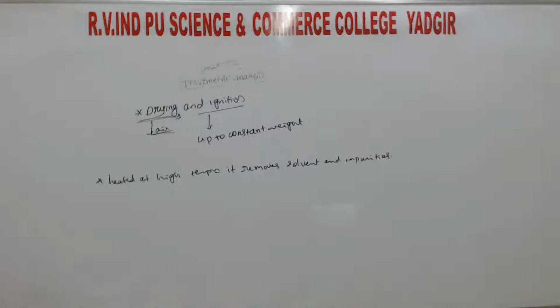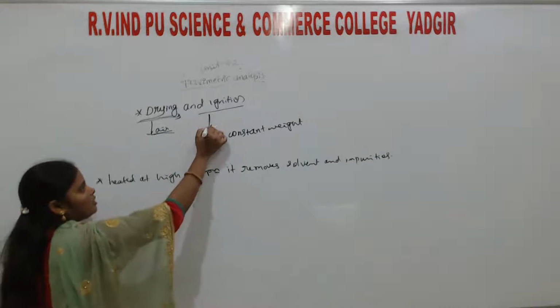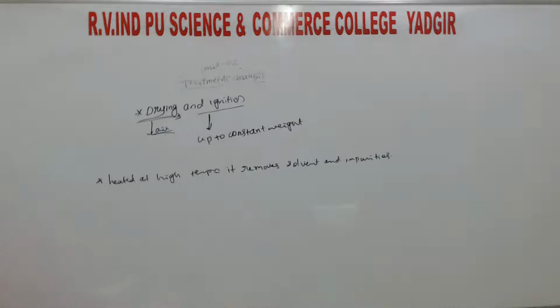In some cases, the heating is done to convert the precipitate to a stable product. When the ignition is completed, the formed precipitate is converted to the stable product of known composition.